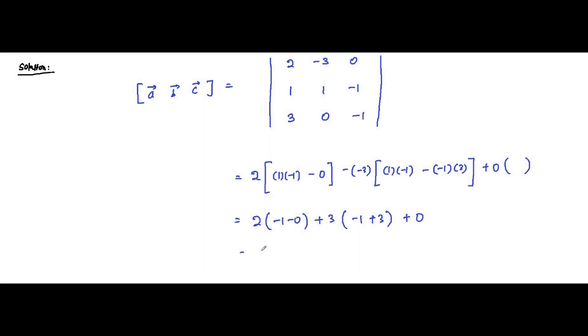So this becomes 2 into minus 1, that is minus 2, plus 3 into 2, that is equal to 6, plus 0. So that is equal to 4. 6 minus 2, that is equal to 4. So the scalar triple product of vector a, vector b, vector c is equal to 4. Okay, this is that.